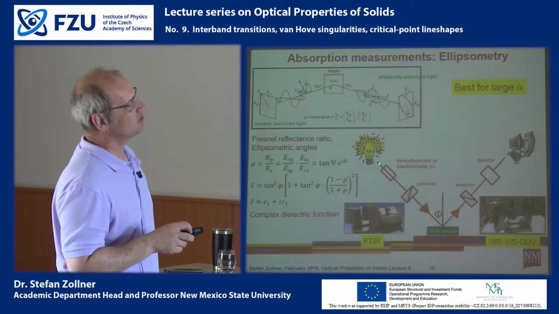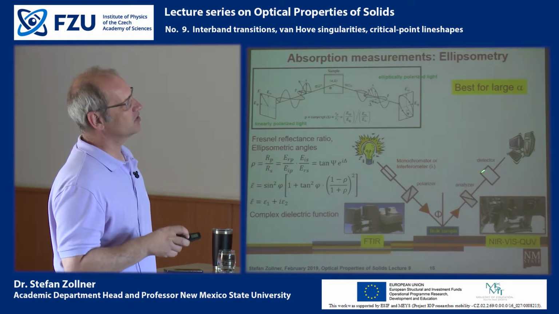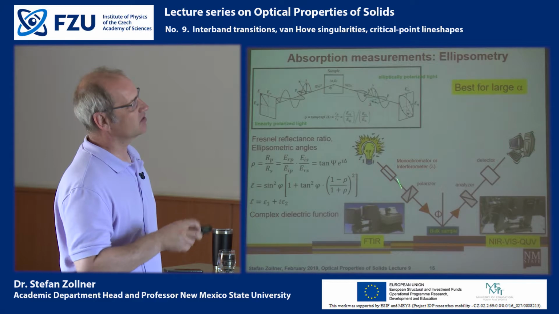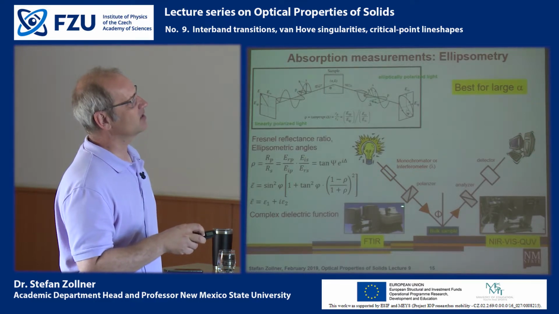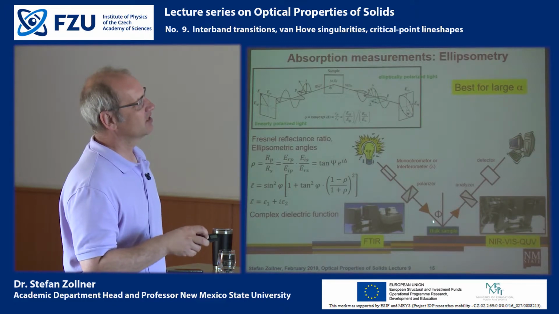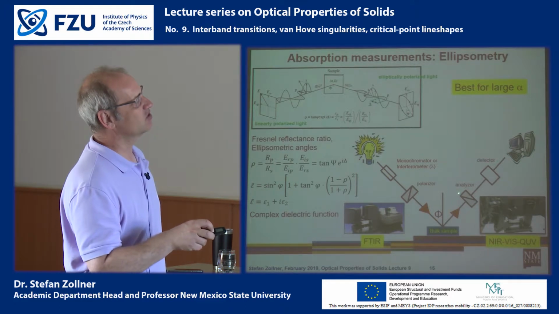With ellipsometry, rather than measuring the transmission, we measure the reflectance, and we come in with monochromatic light and we select a specific polarization, and then when the light is reflected, the polarization of the light changes, and we detect the polarization state.